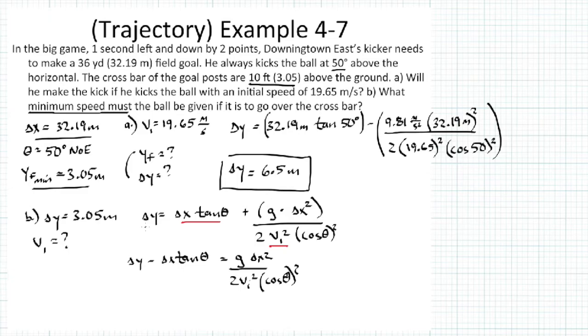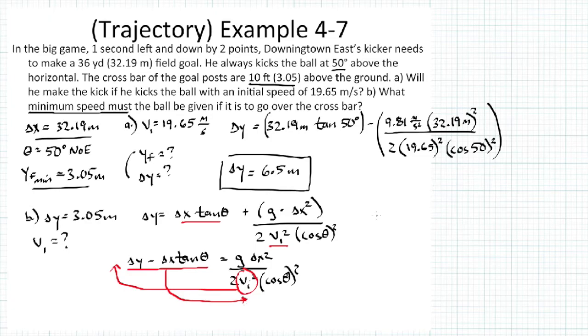Okay? And what I'm going to do is take just our initial velocity squared and multiply it so it comes up. And I'm going to take this whole expression right here, delta y minus delta x tangent theta, and divide by that and bring it down here. So they're basically going to trade places.